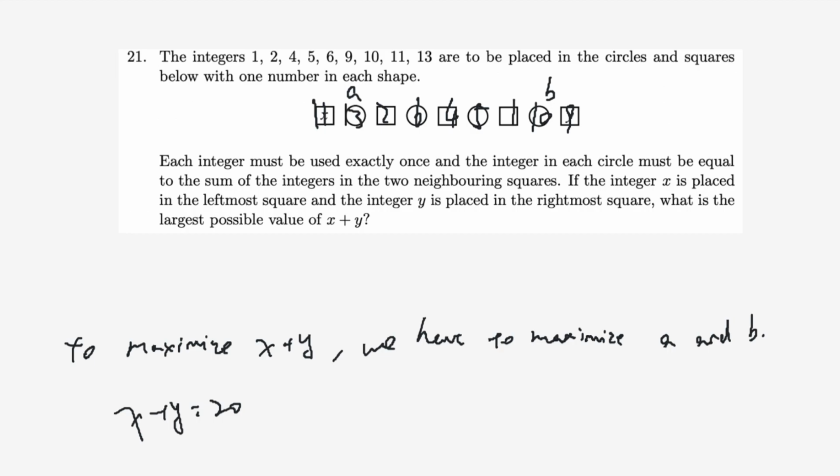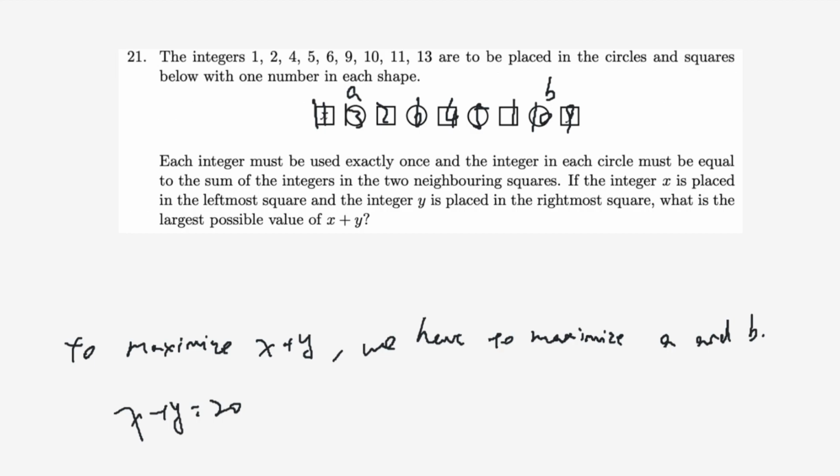In order to maximize x plus y, we have to maximize a and b, which makes x and y as big as possible. This question is relatively basic, so we can just insert the numbers into the squares and circles.